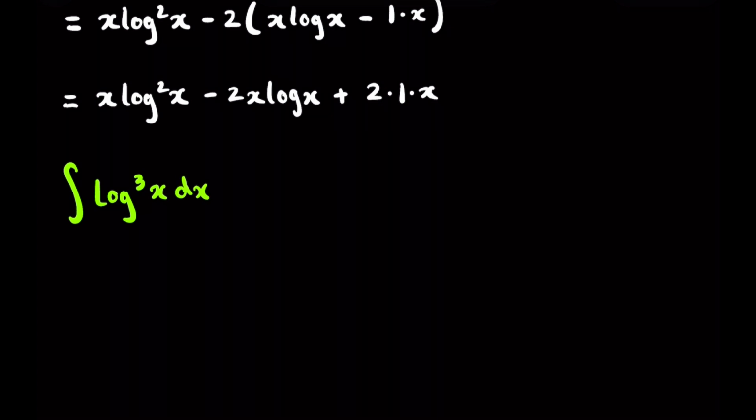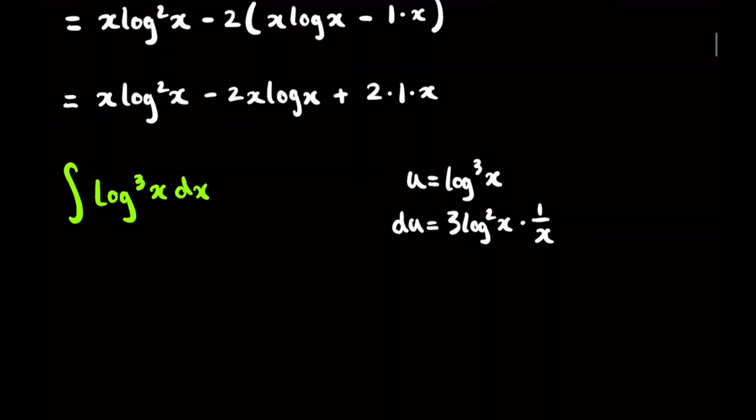Well, again, using integration by parts, we have u equal to log cubed of x. Therefore, du is equal to 3 log squared of x times 1 over x. And I obtained this using the chain rule.